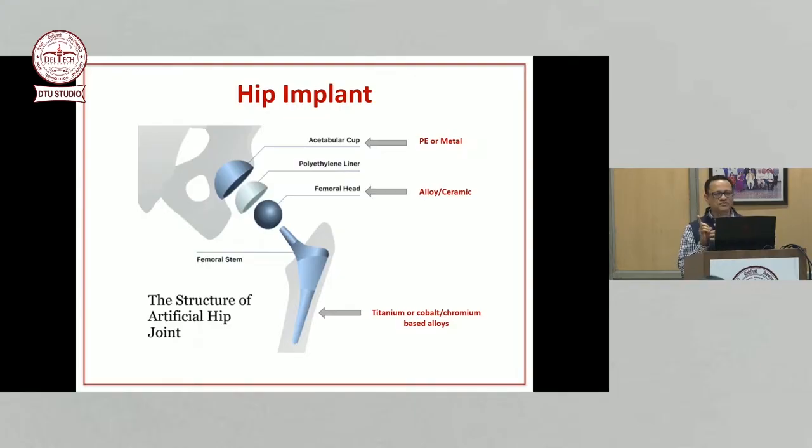We will watch a YouTube video also that will make it even more clear how this goes. So these materials can be, for example, polyethylene or metal for that cup. This head or the ball can be alloy or ceramic, and this stem is mostly titanium or alloy. They cannot be polymer, of course, right? You want a stronger material there.